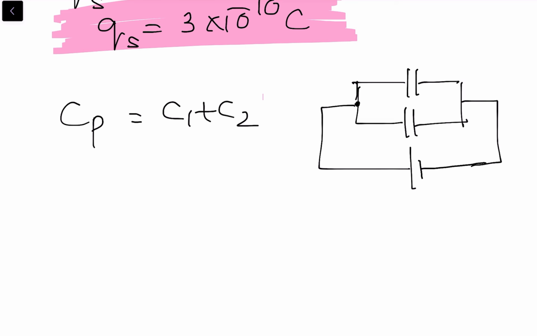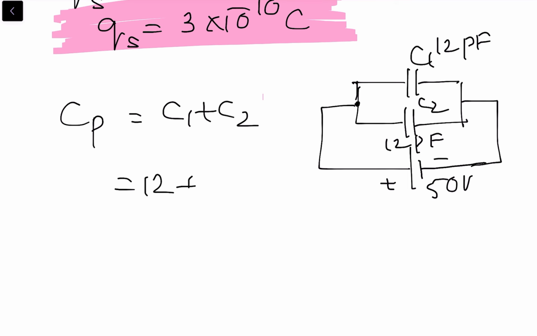Yes, this is C1, this is C2, this is 50 volts with plus and minus. This is 12 picofarads, this is 12 picofarads. Then CP is equal to C1 plus C2. Simple it is. 12 plus 12, which is 24 picofarads. This is CP.